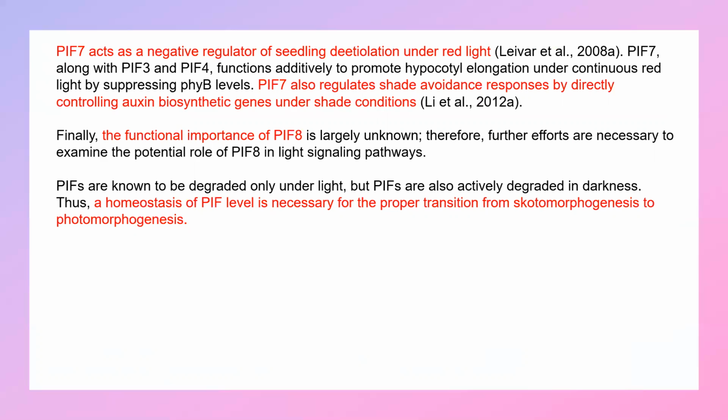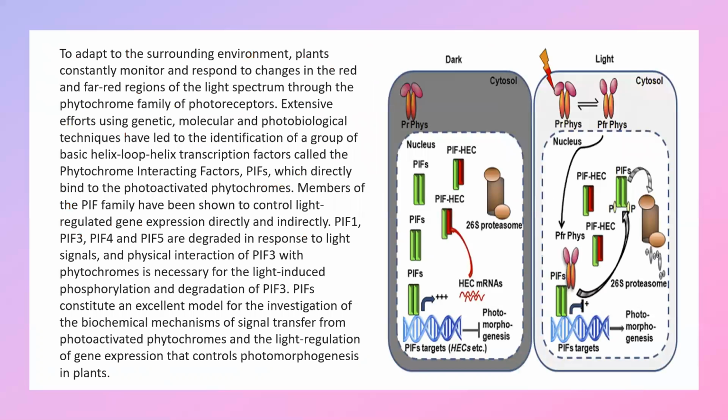The functional importance of PIF8 is largely unknown. Phytochrome interacting factors are known to be degraded under light, but PIFs are also actively degraded in darkness. Thus, a homeostasis of phytochrome interacting factor level is necessary for the proper transition from scotomorphogenesis to photomorphogenesis.